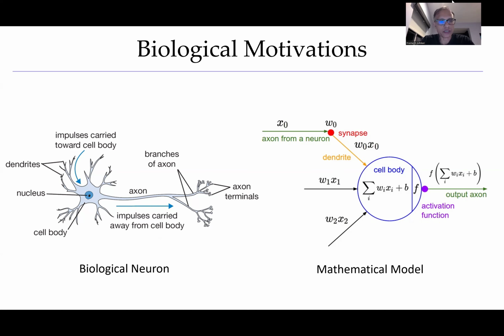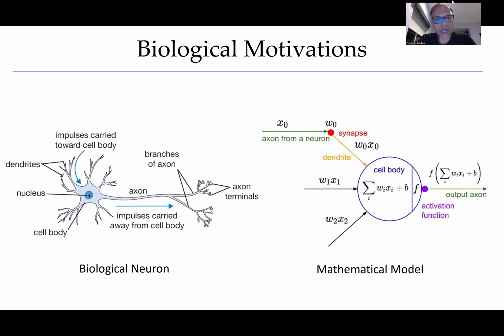This transmission of the impulse is based on a certain threshold. So if the combination of impulses that are carried towards the cell body exceeds a threshold, that's when the neuron essentially fires, and that firing is called a synapse. And that synapse then results in impulses being transmitted to the next neuron through these axon terminals.